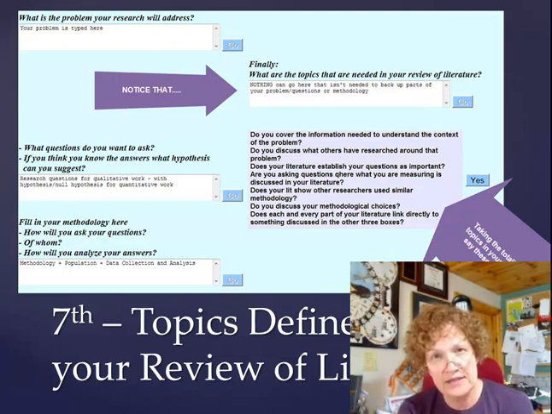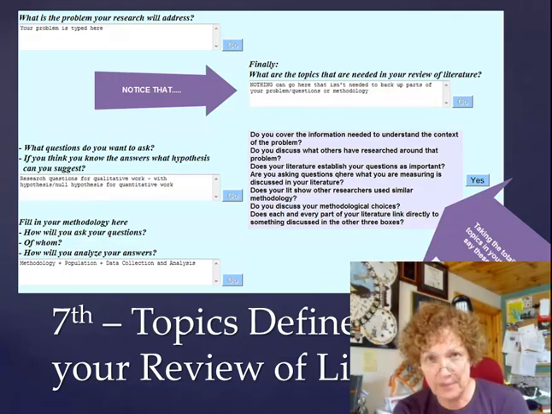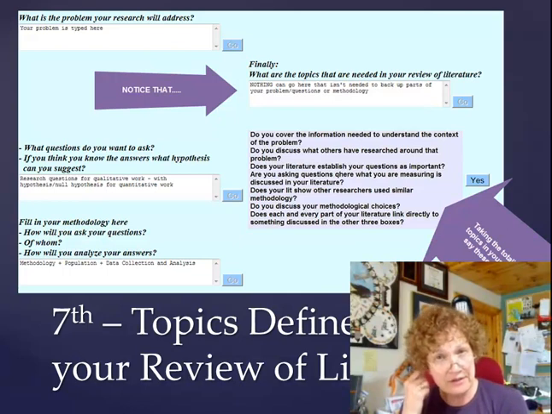It focuses on the subtopics that are salient to your proposal. So that's why in the last question I asked you to be really specific about what questions you would be asking in interviews or surveys, etc. All of those subtopics have to be addressed or brought up in your literature review.